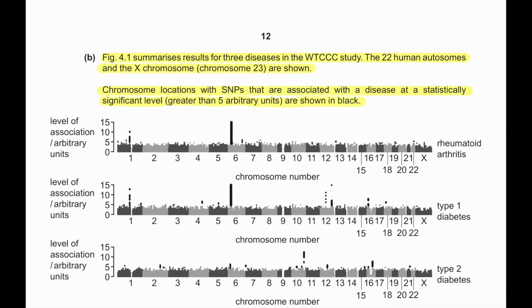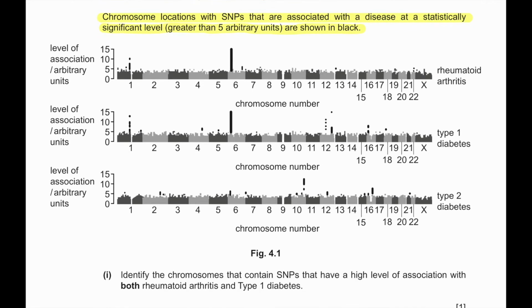So, yes, we can see at number 1. Alright, number 6, and then type 2 diabetes, type 1 diabetes, rheumatoid arthritis. That's 6, we can see, find this value significant.